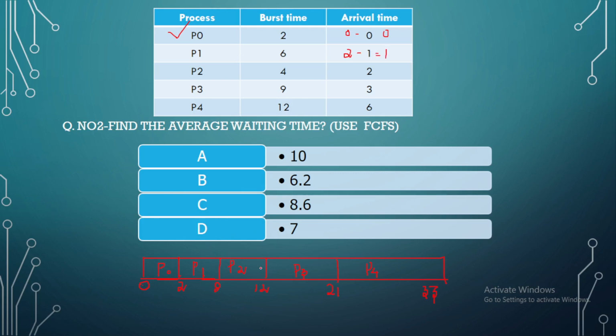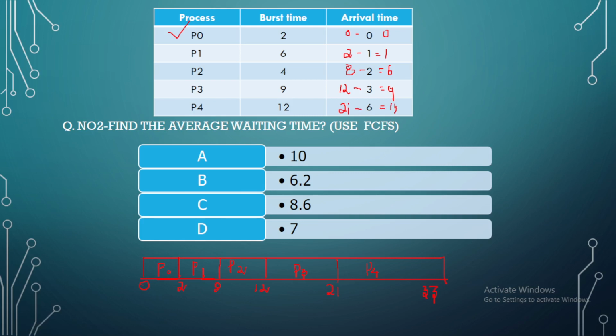Then P2 starts its execution at the 8th nanosecond, and the arrival time of process 2 is 2, so 8 minus 2, 6. Then P3's starting time is 12 minus arrival time 3, 12 minus 3, 9. Then process 4 starts its execution at the 21st nanosecond, 21 minus arrival time 6 gives you 15.